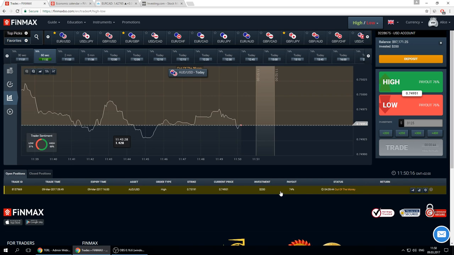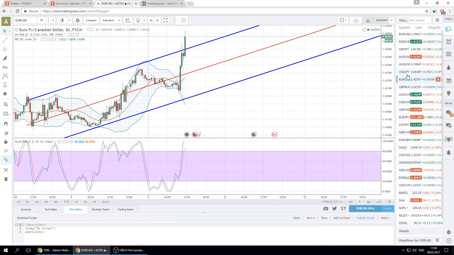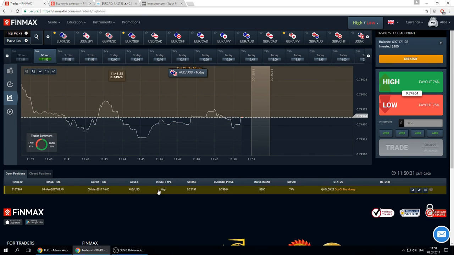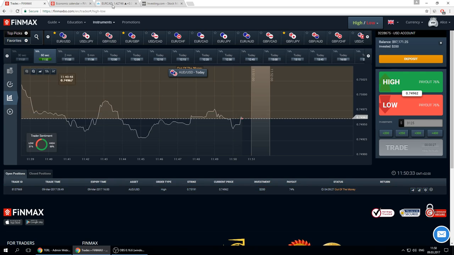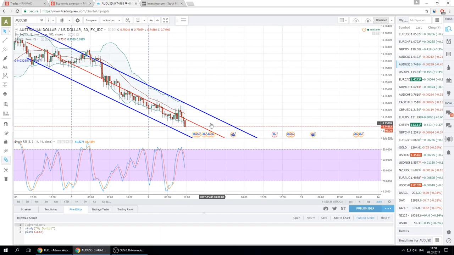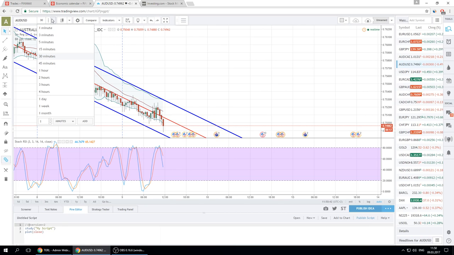Okay, I was asked to show the chart for this asset, and how I think this trade is going to expire, in the money or out of the money, and what I will do. Basically, Australian dollar to American dollar. Here we see that within the last couple of hours it was falling.